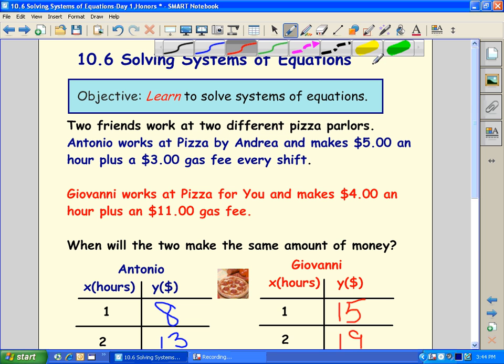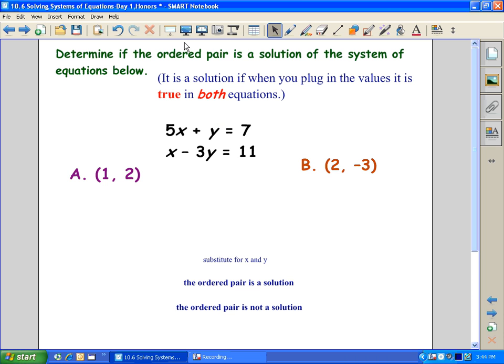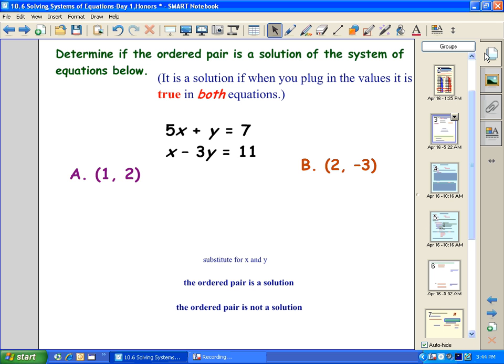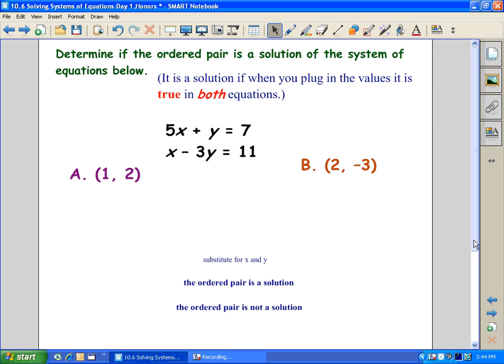All right, now we're going to start taking some notes here. So we're going to do the first example here. With the first example, what I want you to do is basically plug in numbers. So we're going to be plugging in numbers and then we're going to eventually be solving these equations. This first one: determine if the ordered pair is the solution of the system of equations below.